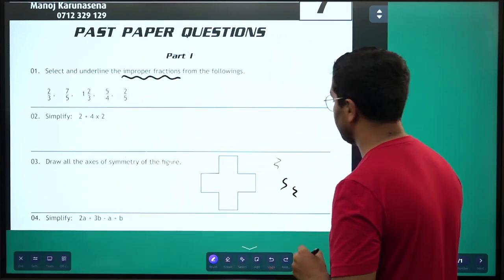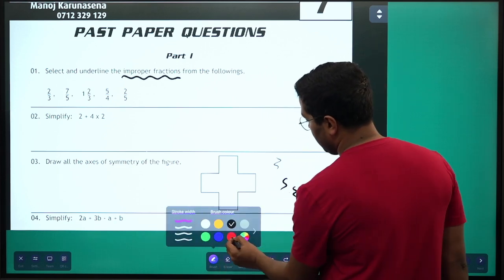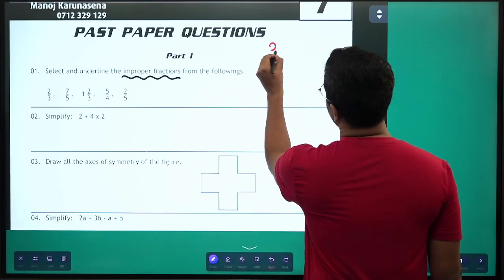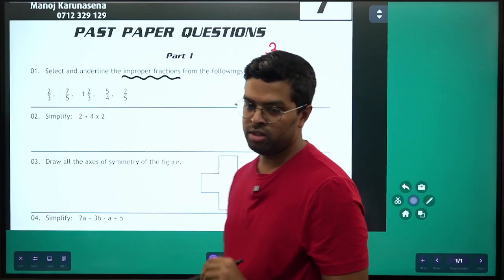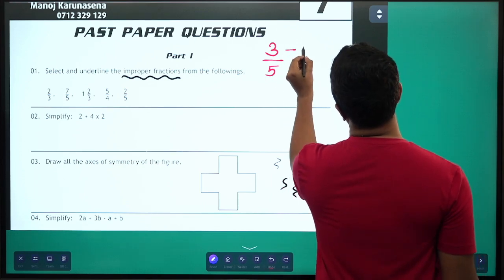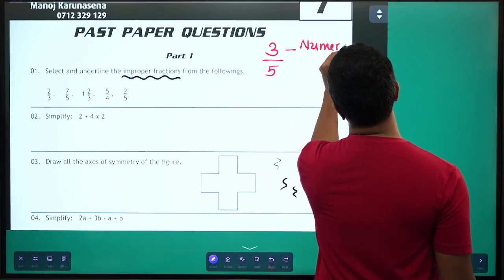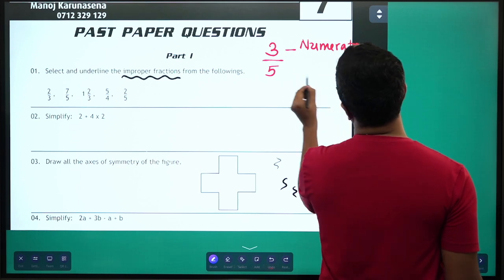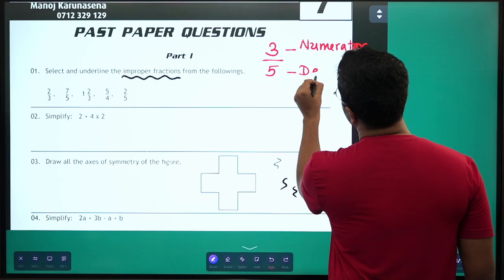Kids, when it comes to fractions, we have two parts in a fraction, right? Let me write an example. When you consider the fraction 3/5, this number 3 we call the numerator of the fraction, and this number 5 is the denominator of the fraction.